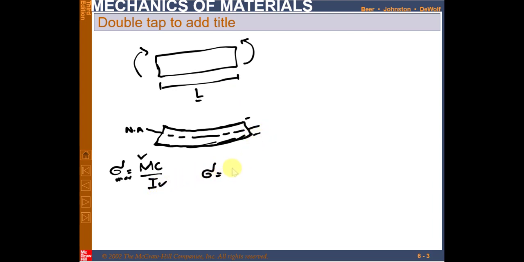Similarly, we can also have the equation minus My over I, where y is the variable distance from neutral axis, and y is greater than or equal to 0 and less than or equal to c.